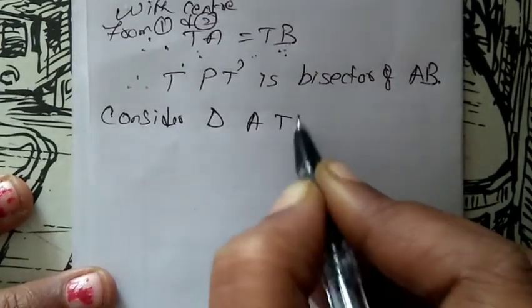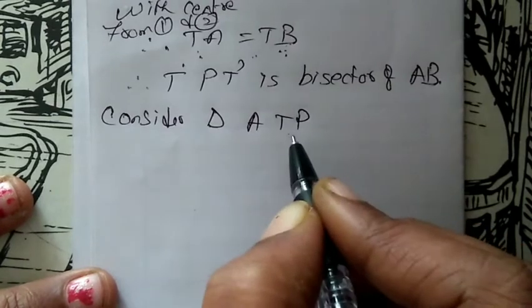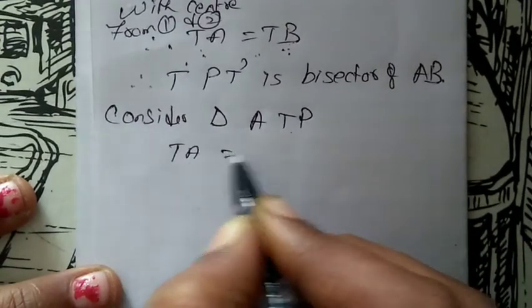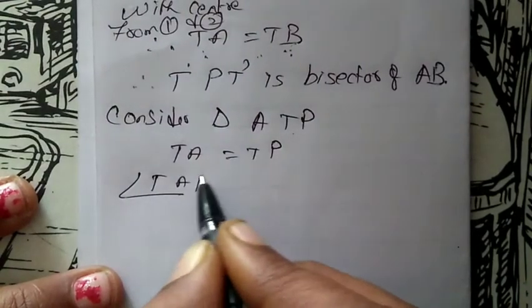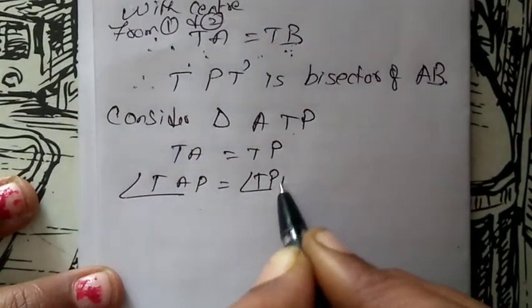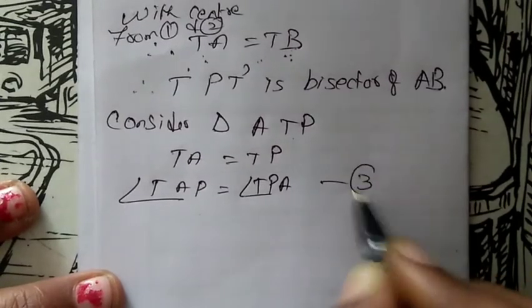Now, consider triangle ATP. In triangle ATP, TA equal to TP. Since they are equal, angle TAP is equal to angle TPA. Make it as third equation.